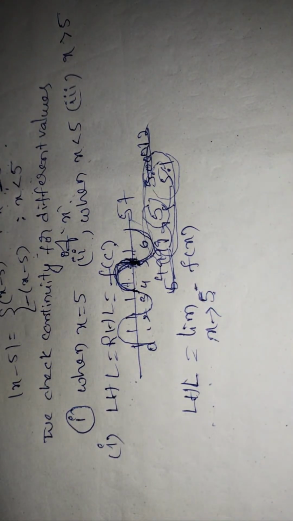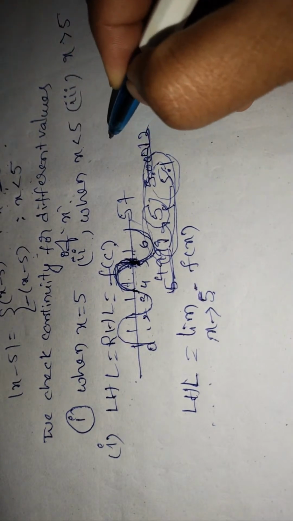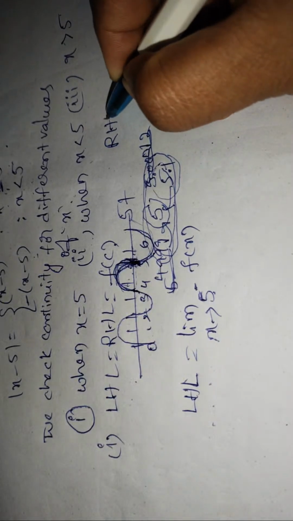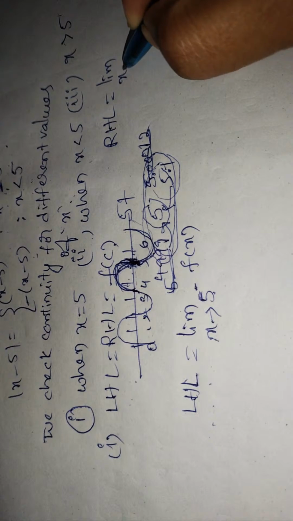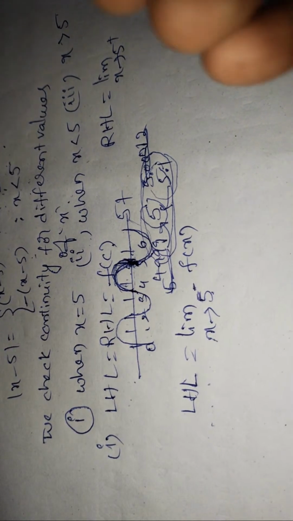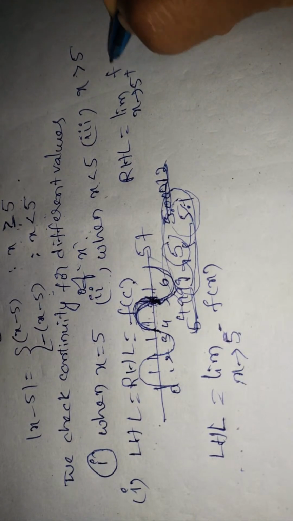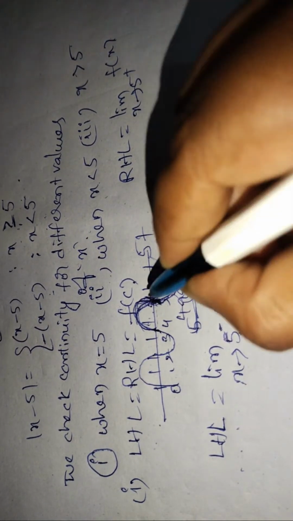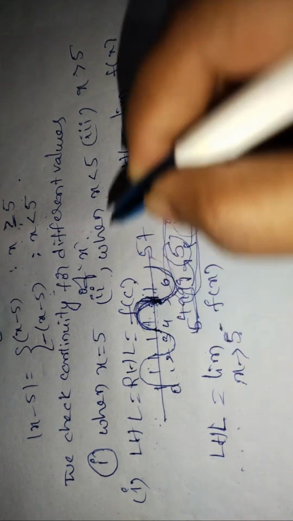Now I will write these values. And RHL I will write once again, listen. RHL is equal to limit x tends to 5 plus of f of x. And LHL I wrote, RHL I wrote, then f of c.